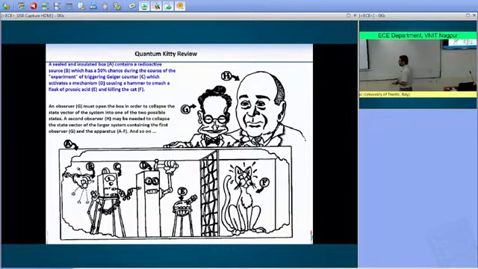Because the probability that the cat is alive is 1 minus the probability that this atom has decayed. The probability that the cat is dead is equal to the probability that this atom has decayed. However, we don't know whether the atom has decayed, because we only know the probability. So there is a 50% probability that the atom decays, or a 50% probability that the atom has not decayed.